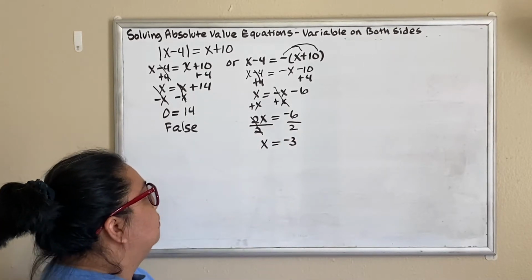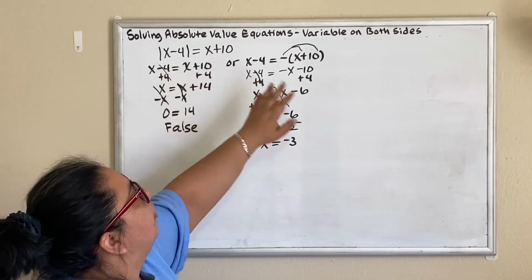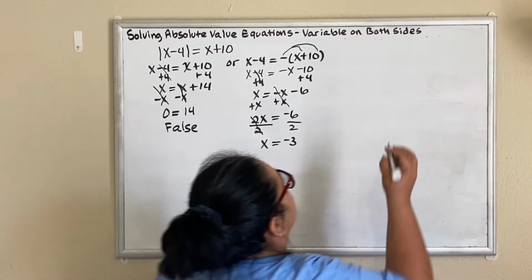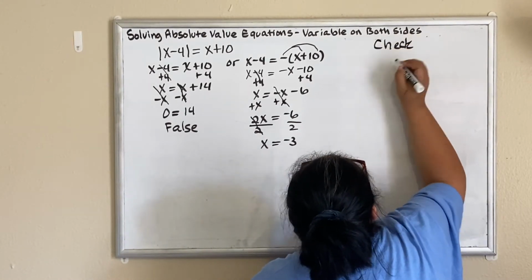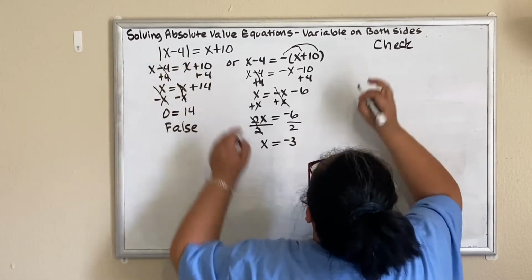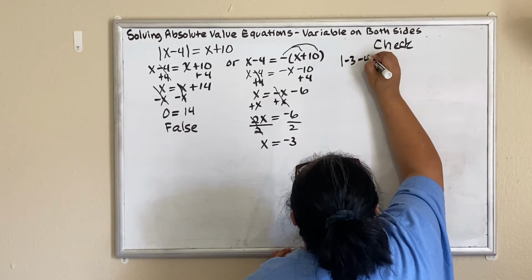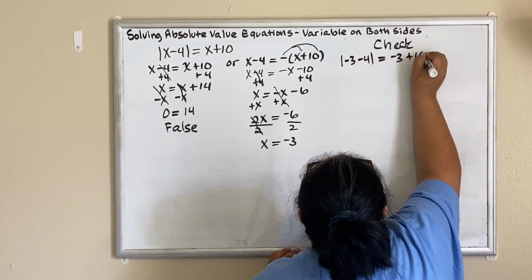Now, we have a solution, but we're not done. Remember, when we have a variable on both sides of an absolute value equation, we have to check our solutions. So we need to check this solution. So we're going to check this, and we're going to plug this back into the original. We're going to say the absolute value of negative 3 minus 4 equals negative 3 plus 10.